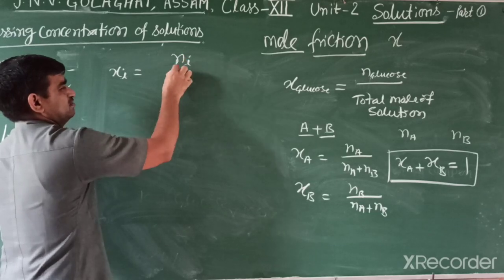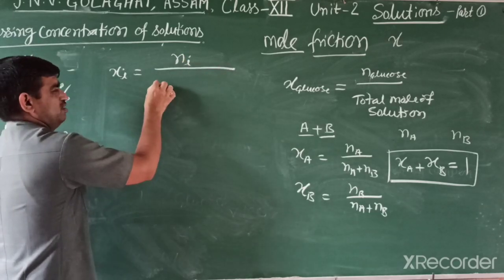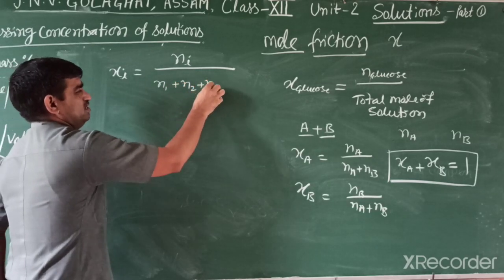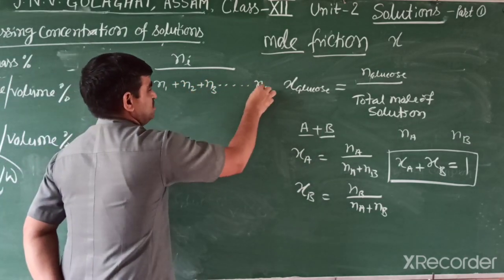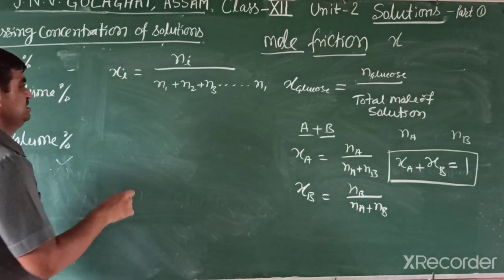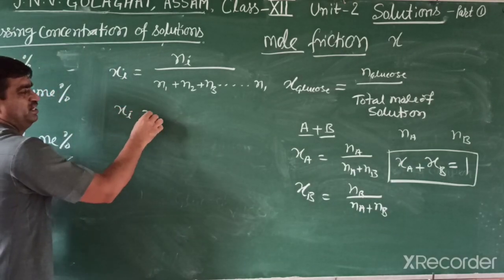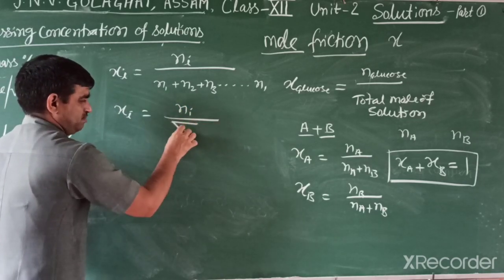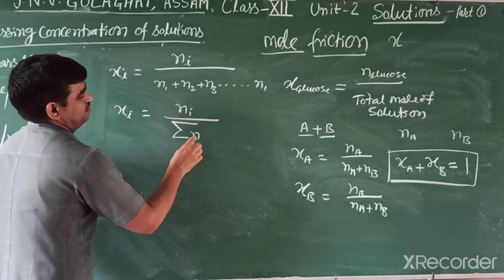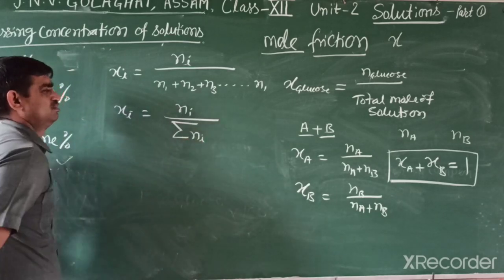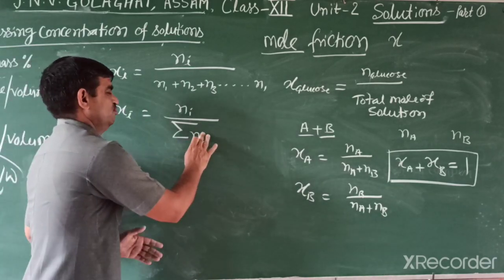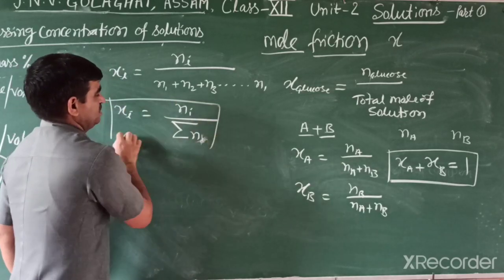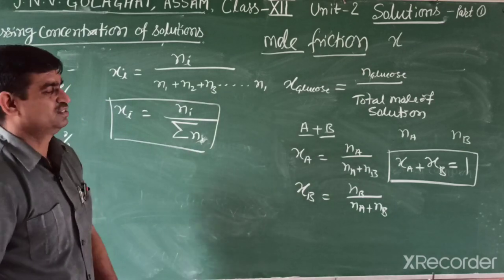For the i-th component, the mole fraction is the moles of that substance divided by the total moles, n1 plus n2 plus n3 and so on up to n i. So the mole fraction of any substance is the moles of the individual substance divided by the total sum of the moles of all the components.